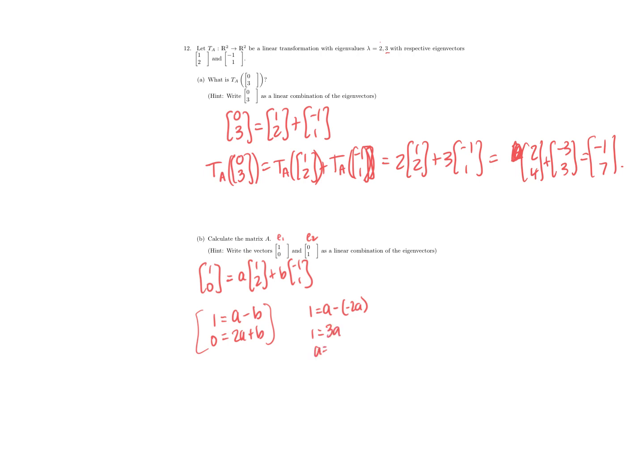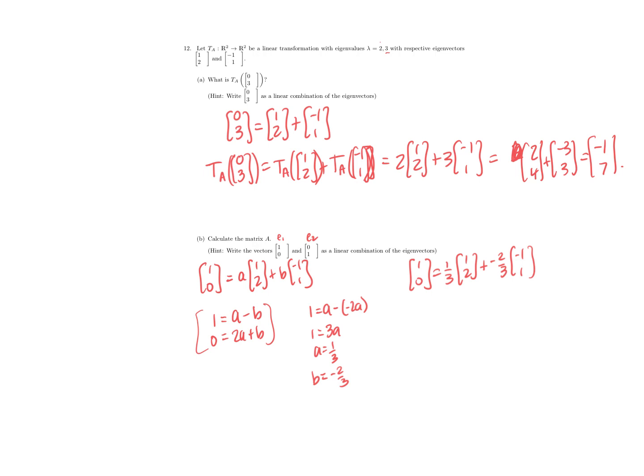So a is equal to 1/3. So b is equal to 1/3 minus 1, so negative 2/3. So (1, 0) is equal to 1/3 times (1, 2) plus negative 2/3 times (-1, 1).